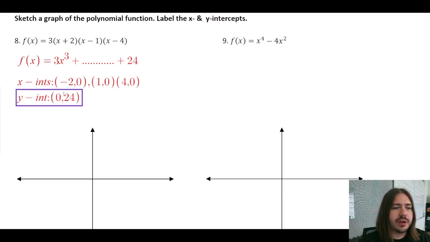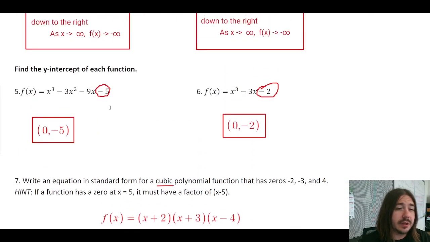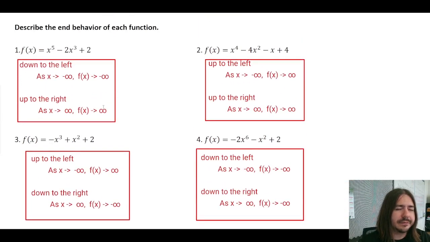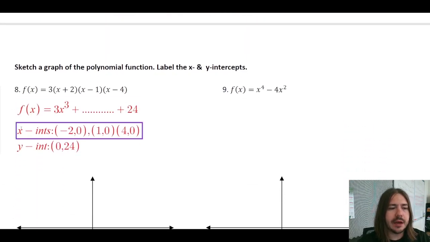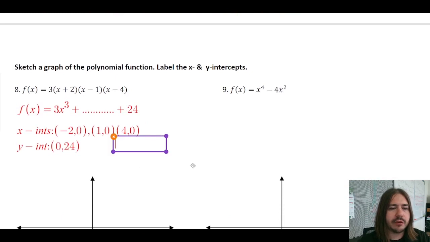And just to abbreviate, I went through the infinity notation for the end behavior on 1 through 4. But if we're just sketching here, I'm just going to make a note of the end behavior, whether it's going up or down.